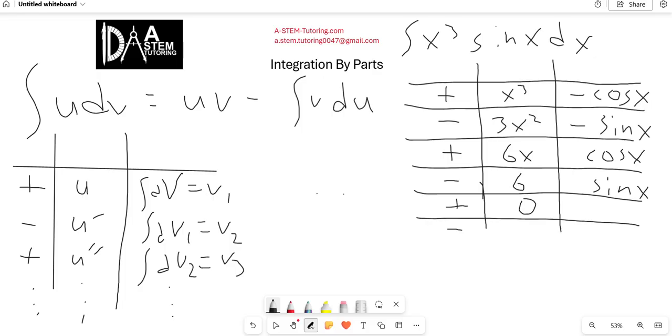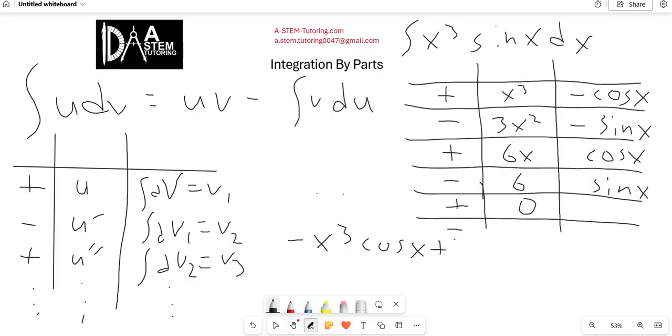Now we just multiply the rows to get our products and then sum the products. So we have a negative x cubed cosine x. Minus times a minus is a plus.